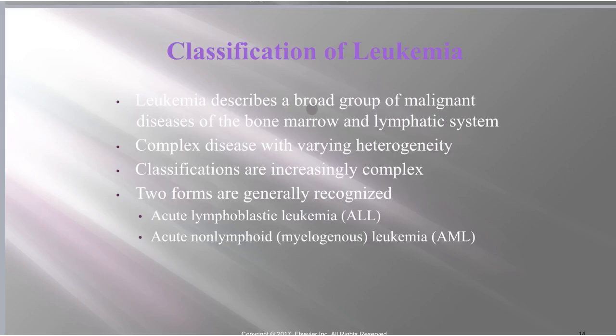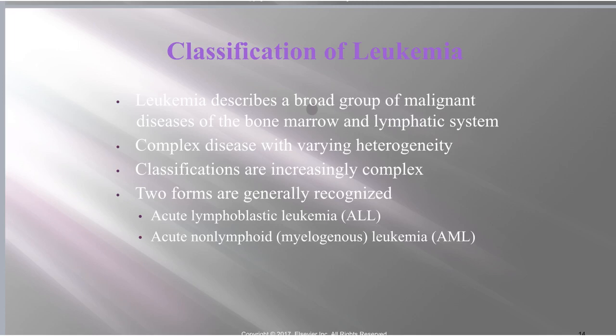All right, so classifications of leukemia. We have ALL, which is acute lymphoblastic leukemia, which is the most common form, and then acute non-lymphoid myelogenous leukemia, or AML. ALL is more common in young children and actually has a higher survival rate.